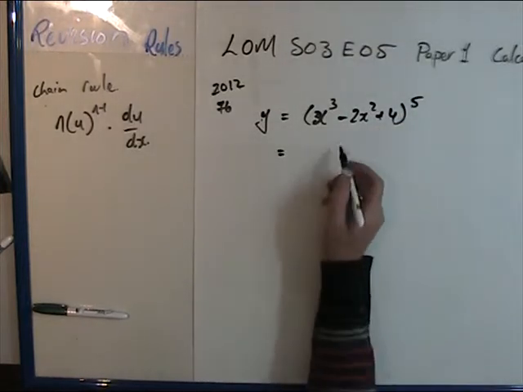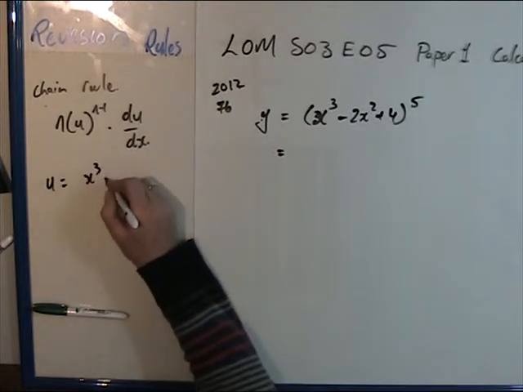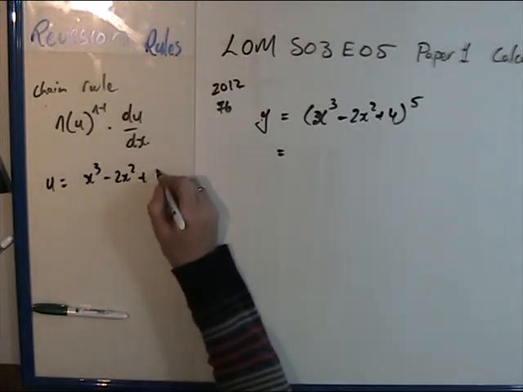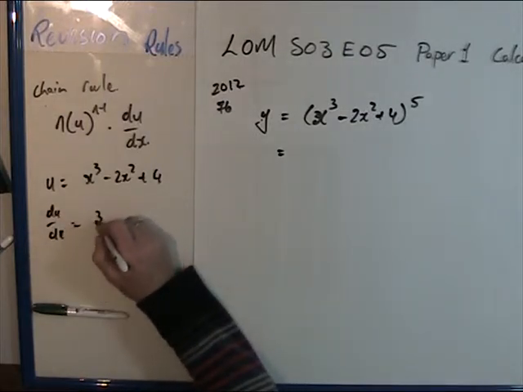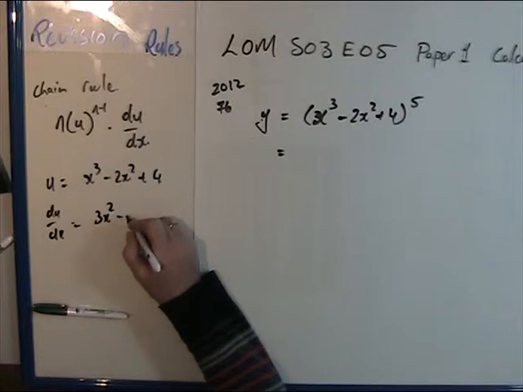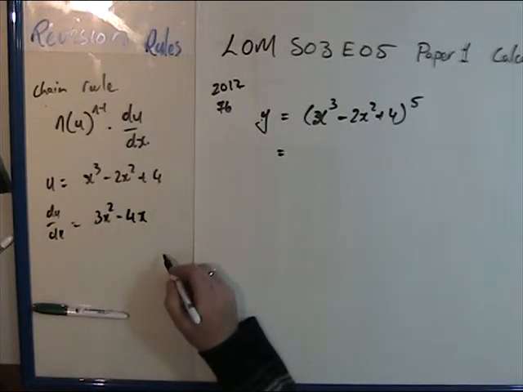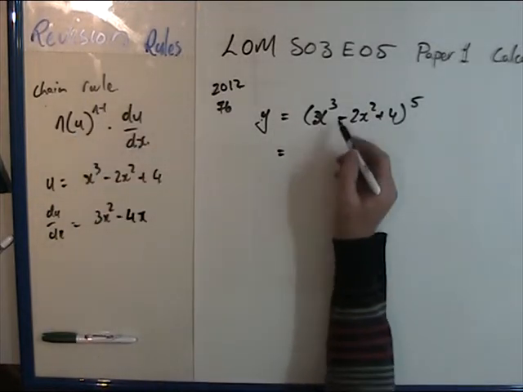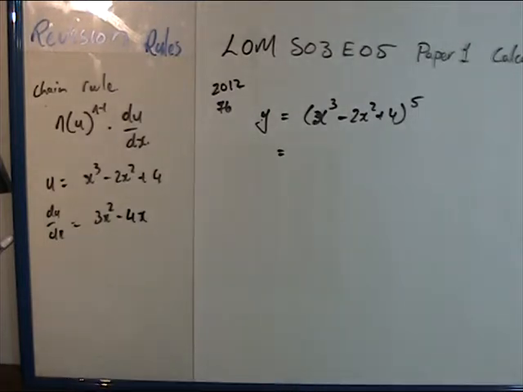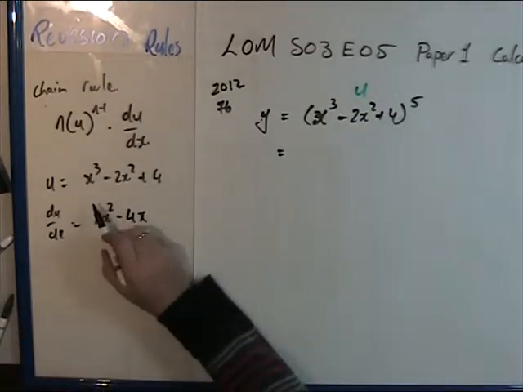Now you're looking at u being this, so u is equal to x cubed minus 2x squared plus 4, du dx is equal to 3x squared minus 4x plus 0. Now the formula says n times the u, so this is u, as we've just done. So there it is here.